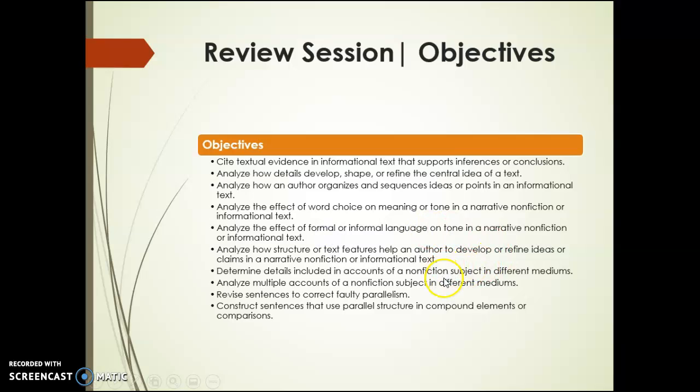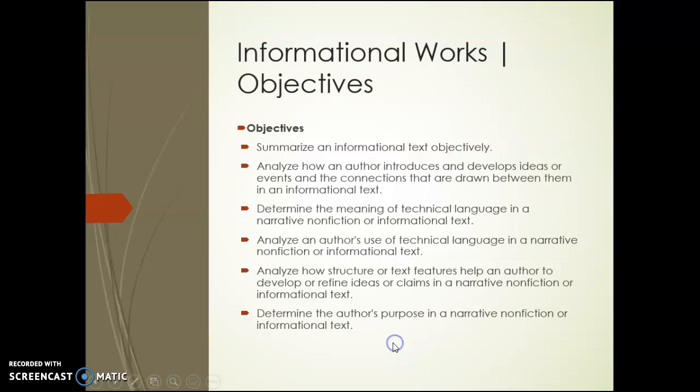So these are just the objectives that we covered during this unit. I'm not going to read them all for you, but here they are posted. We talked about informational works, and these are the objectives that we wanted to master, particularly dealing with informational text.